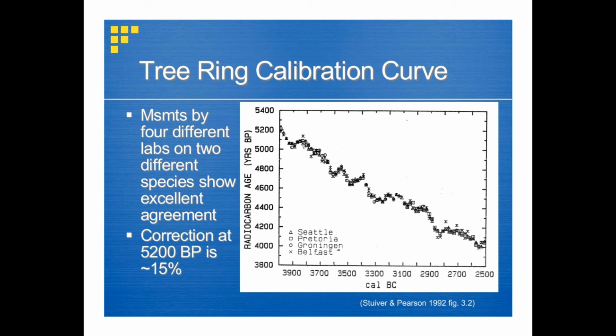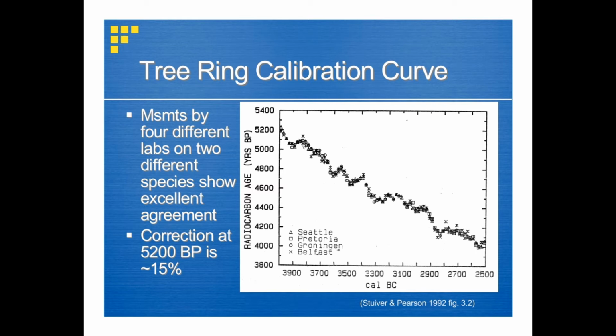But you also see this plot has 4 different sets of data on it from 4 different laboratories using 2 different tree ring records, and they agree quite well. So you can see that we have very good agreement. If somebody is miscounting these tree rings, they're doing it the same on different tree ring records. So we can be fairly confident, I believe, that these tree ring records are correct.